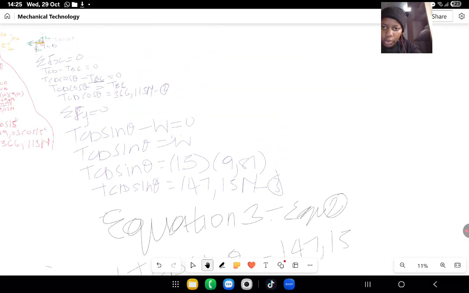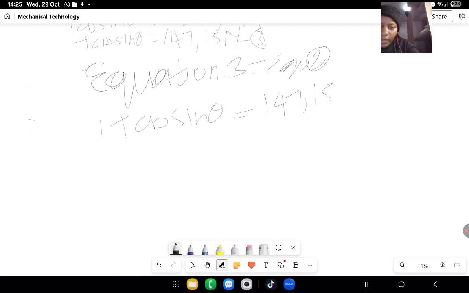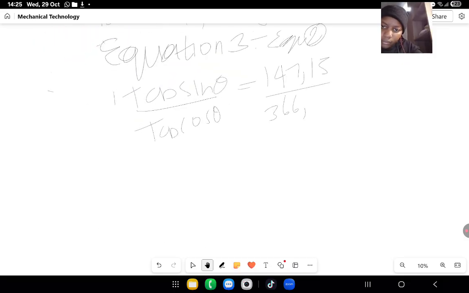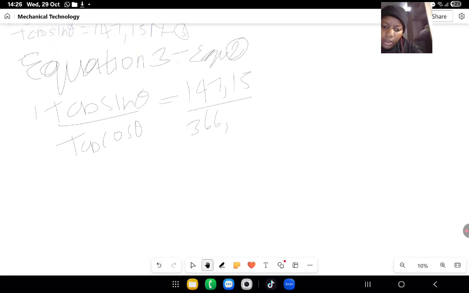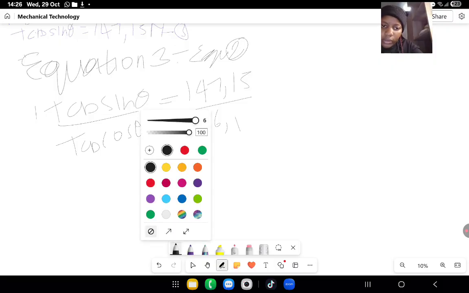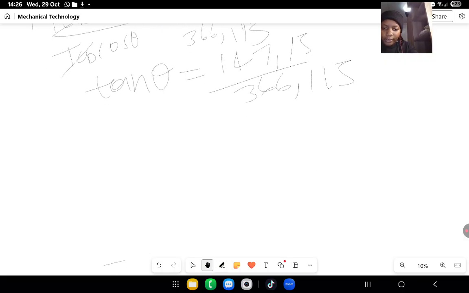Then we go to equation 2, which is TCD, the cos of theta, equals 366,115. So this will cancel this, then sine over cos is tan, then tan of theta equals 147,15 over 366,115.